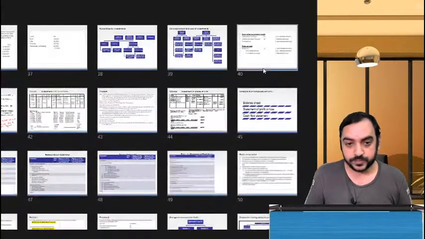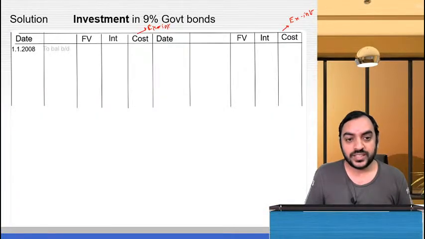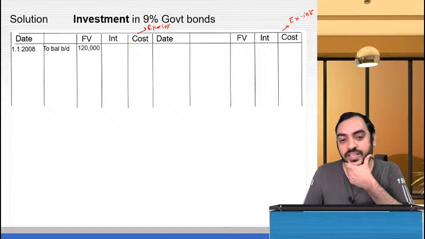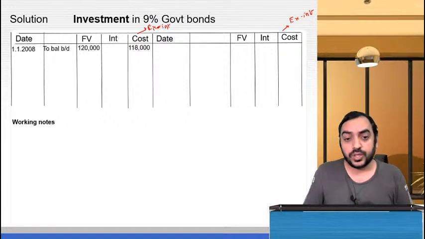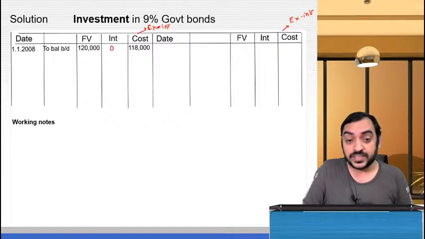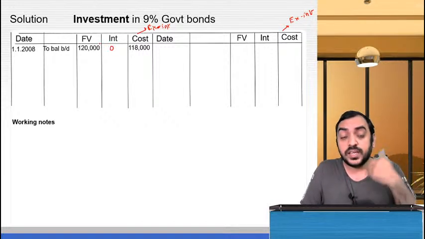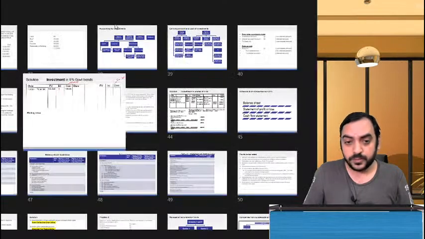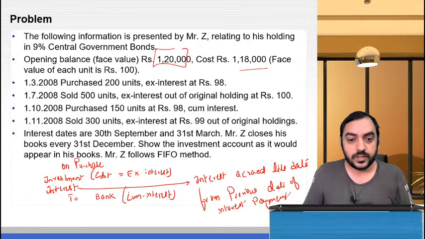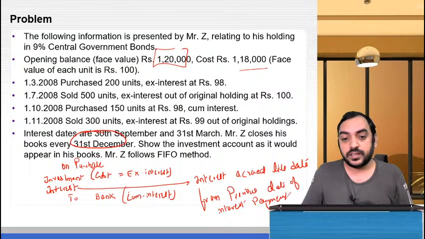Let's write down balance brought down. 1,20,000 is face value, cost 1,18,000, interest is 0. Why is this interest 0 in the opening balance? Because the previous date of interest payment is 31st of December and we are doing 1st of January. Year end is 31st of December and interest is paid on 31st December every year, right?